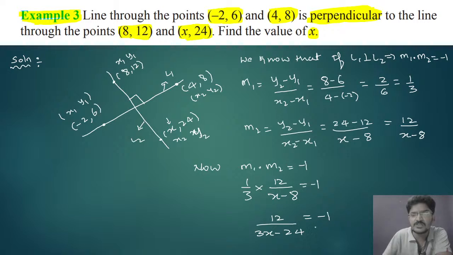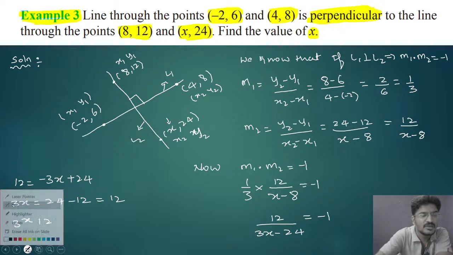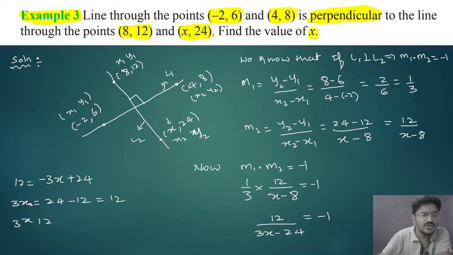Now make cross multiplication: 12 equals minus 3x plus 24. So 3x equals 24 minus 12, that is 12. Therefore 3x equals 12.